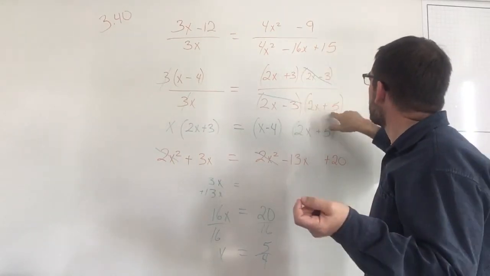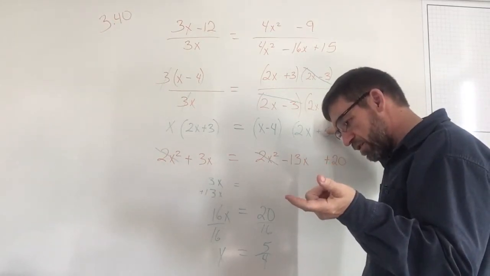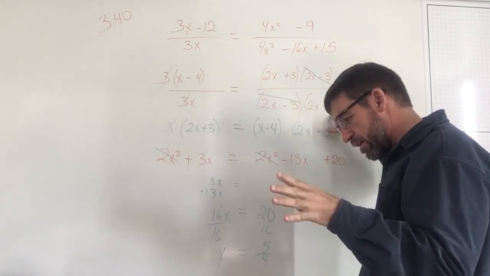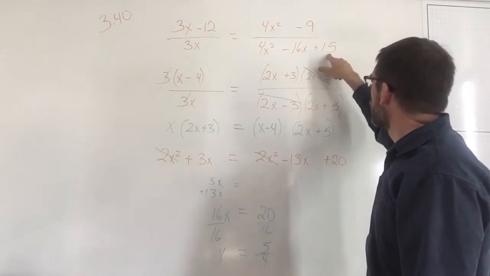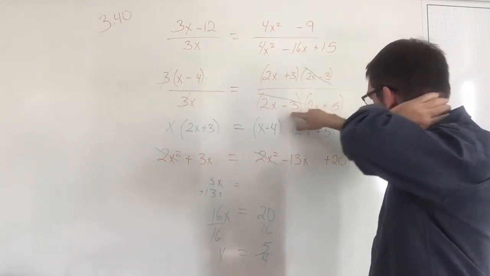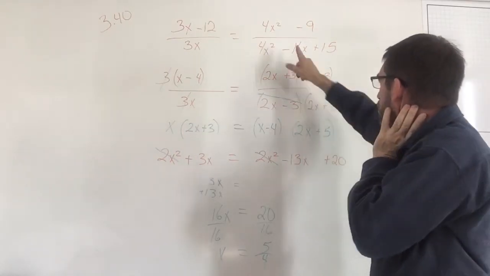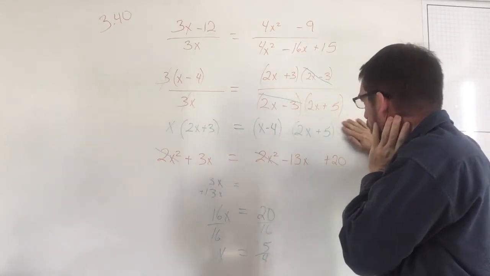So I said 3 and 5. 3 times 5 equals 15. So I broke that down to this ratio here.